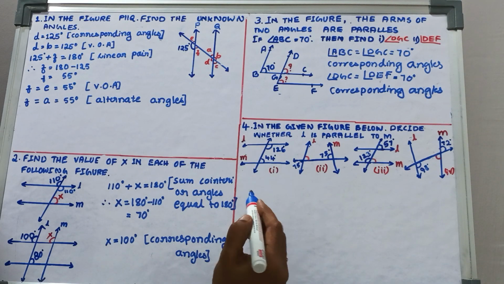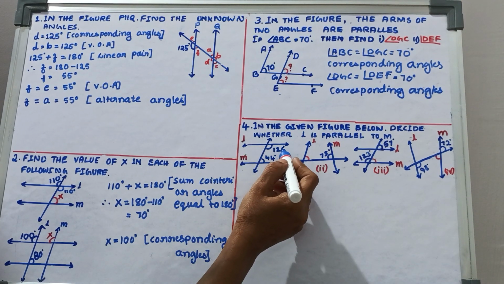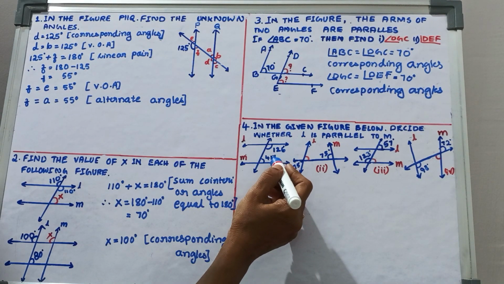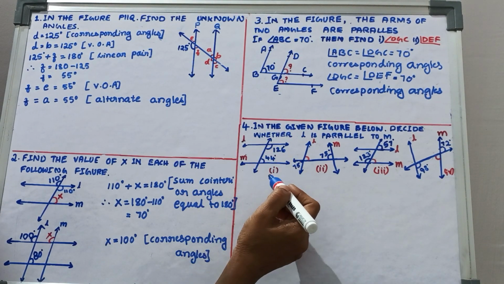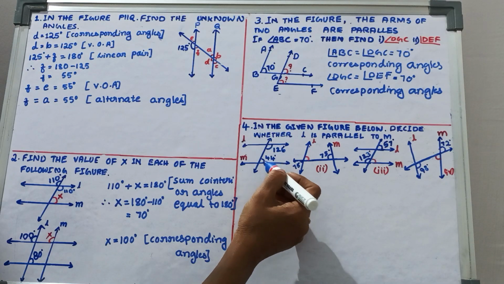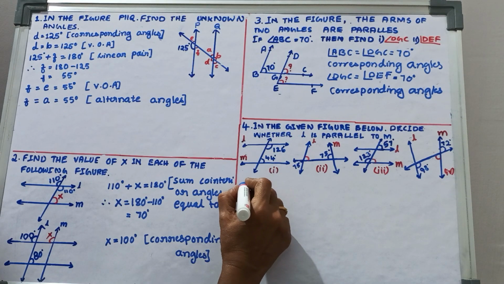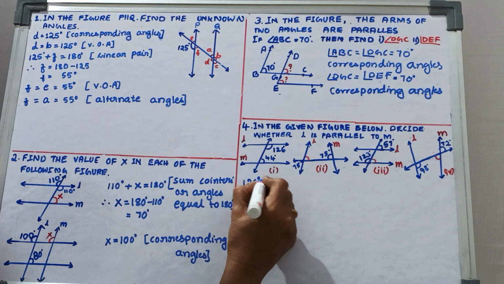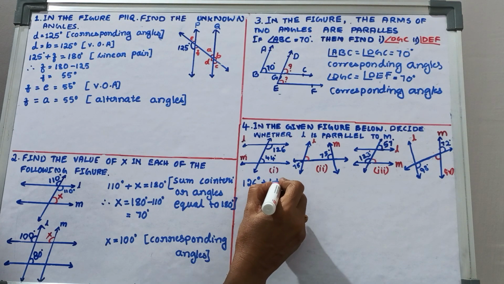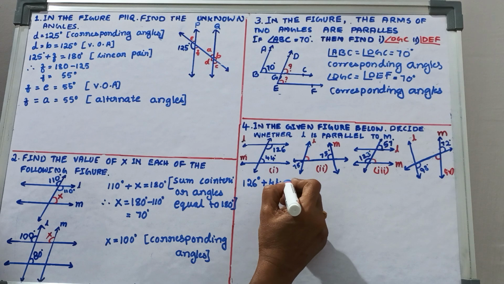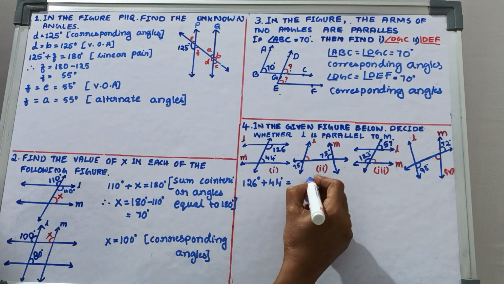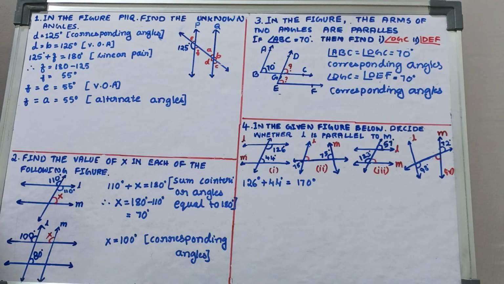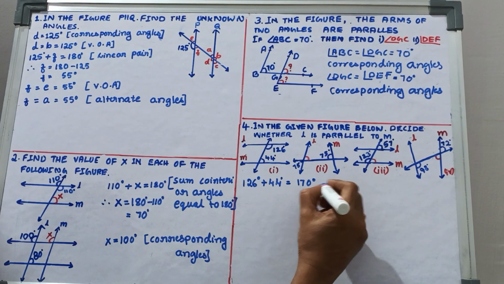Now in the first problem, 126 degree and 44 degree, these two angles are co-interior angles or angles on the same side of transversal. Now if you add it, it should be 180 degree. But this is not 180 degree.